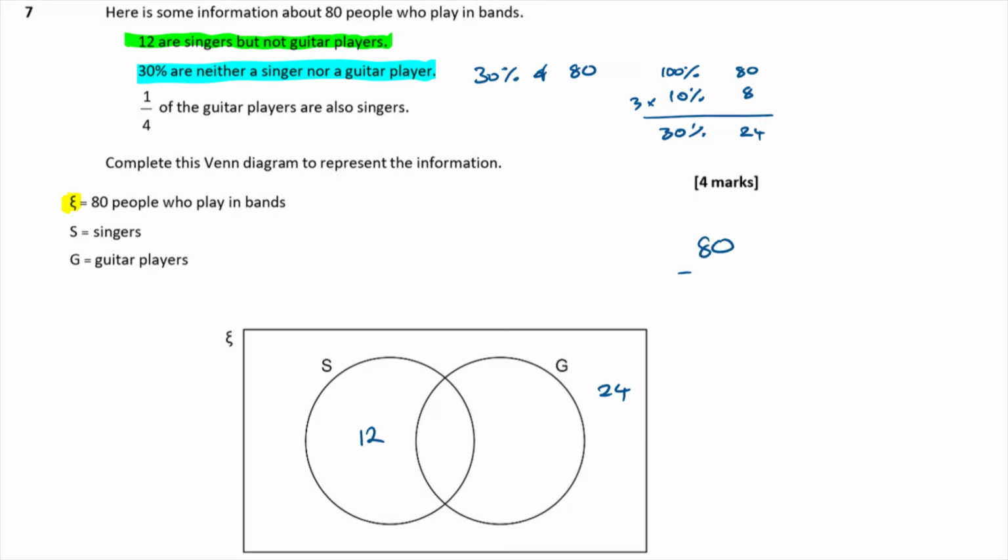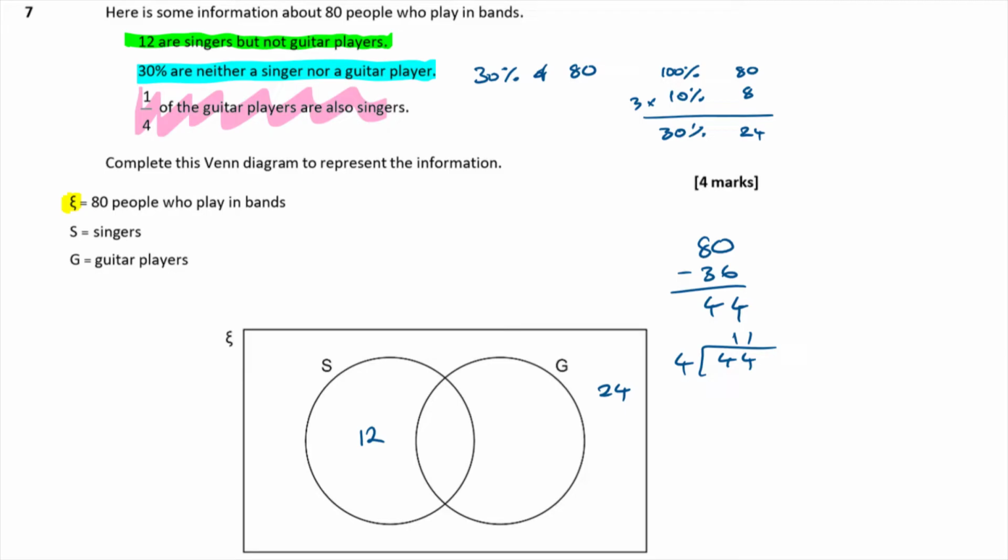That leaves another 44 unaccounted for then, isn't it? So we're going to have 44 in total in that guitar circle, and I know that of those 44, 1/4 are also singers. So 44 divided by 4, that's going to be 11, isn't it?